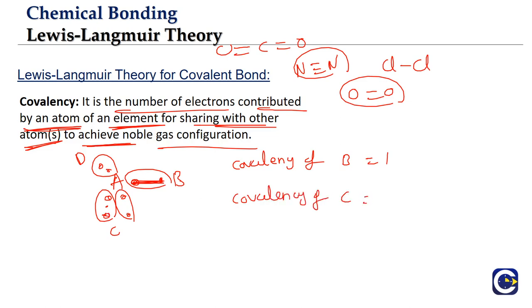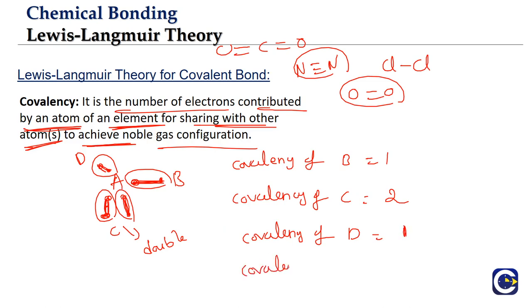C is giving 2 electrons for sharing, so there are 2 bonds, which we call a double bond. Double bond means there are 2 bonds. So the covalency of C is 2, because it is giving 2 electrons for sharing and forming a double bond. What about the covalency of D? D is giving 1 electron for sharing with A, forming a single bond. So the covalency of D is 1.